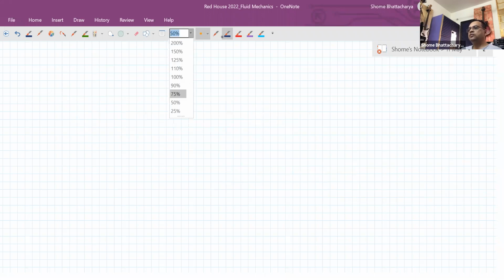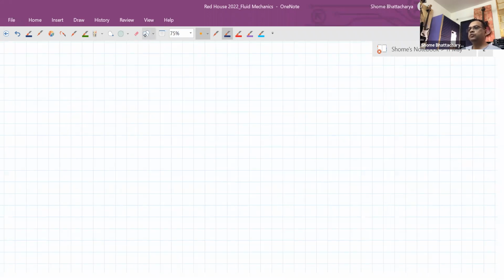Okay, so there are many different versions of manometers. So one form of a manometer is the basic one which I'm showing.